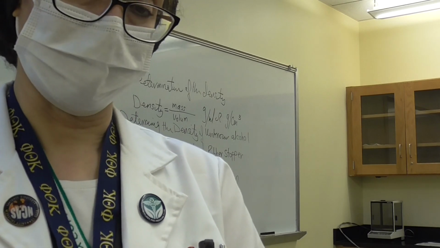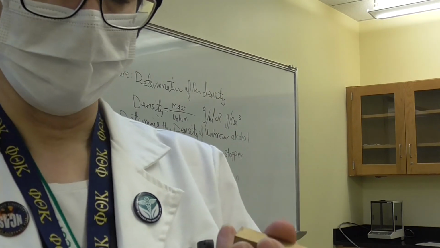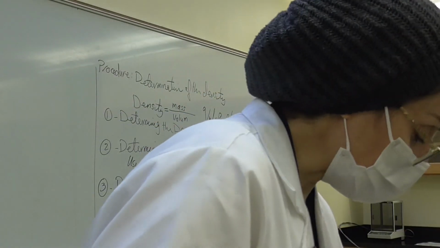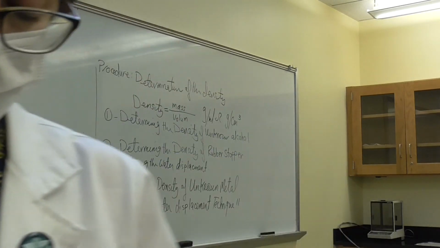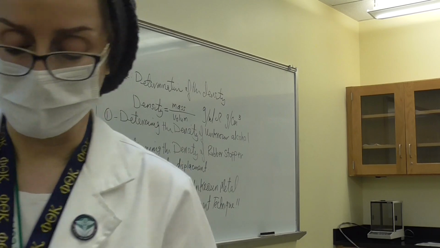Then we divide the mass by the volume, and that will give me the density of this metal bar. Once we calculate the density, we will be able to identify the metal from the calculated density. So this is what we are going to do today for our lab 1, the determination of the density for liquid and solid.